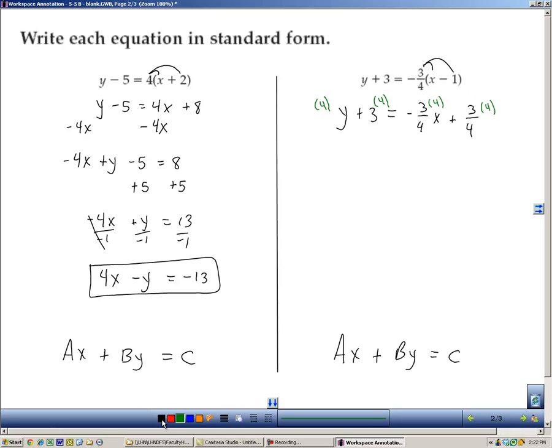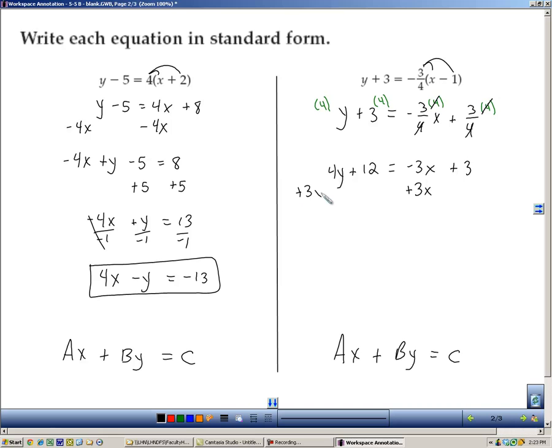You'll see what happens. So over here the 4's will cancel, leaving me with a plus 3. Here the 4's will cancel, leaving me with a minus 3x. 4 times 3 here is 12, and 4 times y is 4y. Now remember, I want to get it in standard form, so I need to move the x to the left. I'll do that by adding 3x.